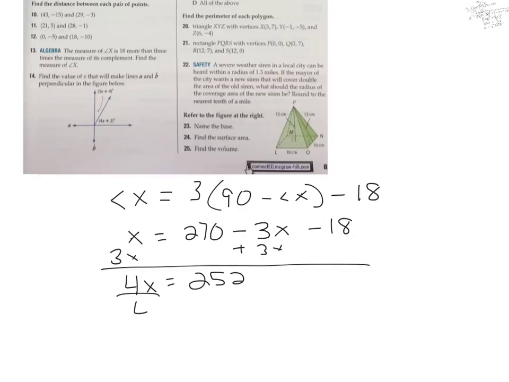And now I just divide both sides by 4. I get x equals 63. So if the angle is 63, then its complement angle would have to be 27. But look what the instructions say. Find the measure of angle x. So angle x is 63 degrees. Okay, let's go ahead and move that out the way.